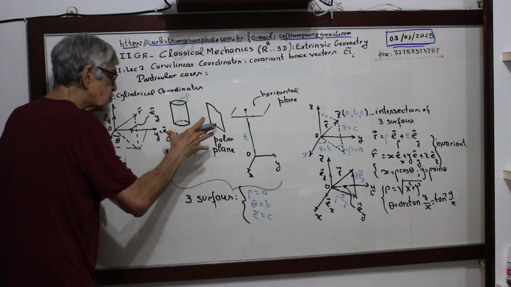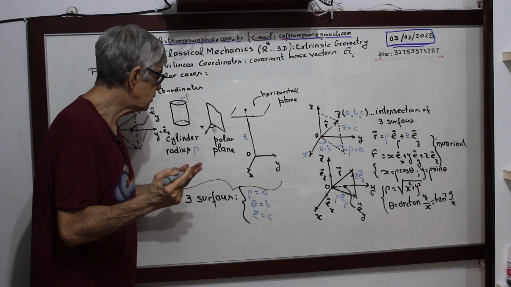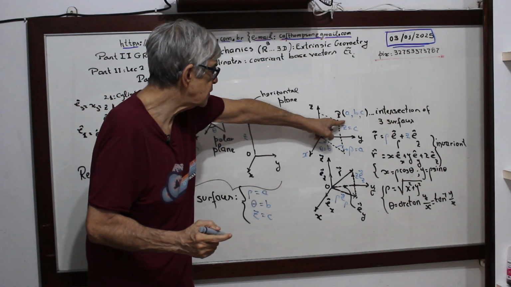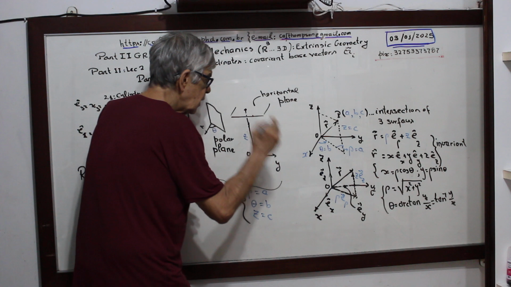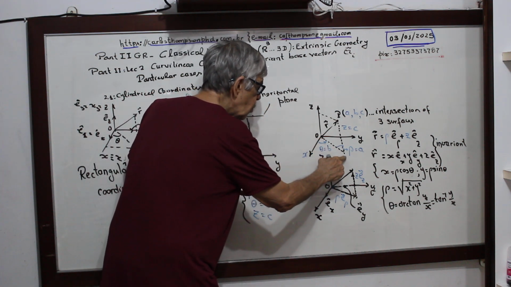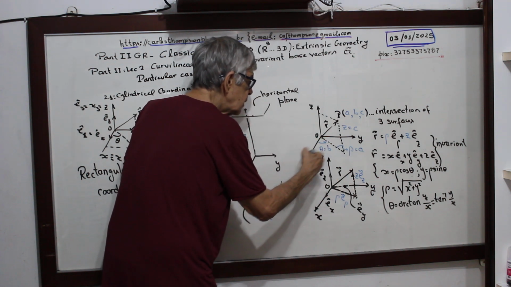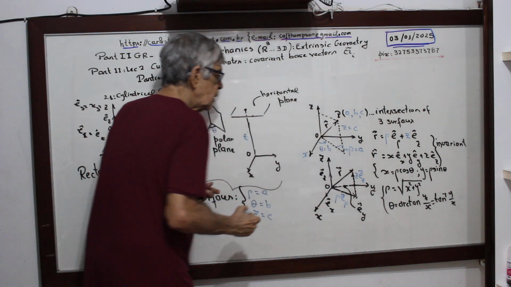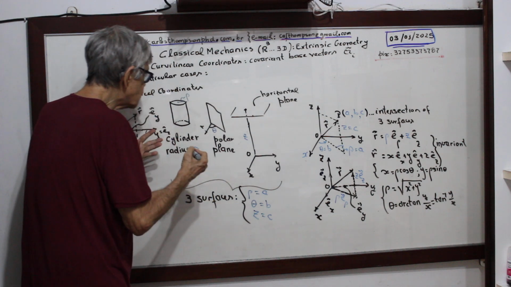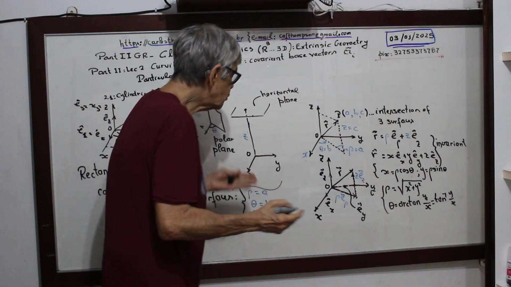The intersection of these three surfaces will be a point. The point depends on the radius rho, the polar angle theta, and the height z. This point here is an intersection of these three surfaces, which you can look at here.